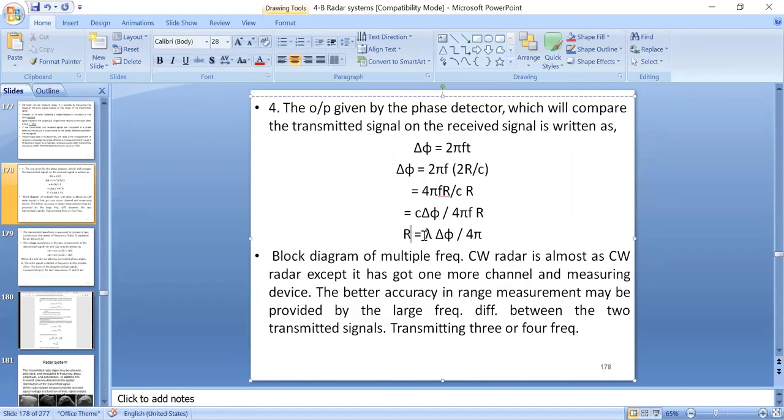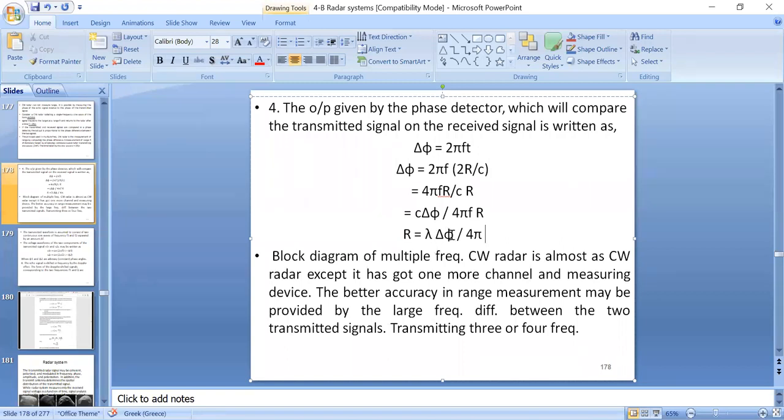What I already told, that by using the phase difference information we are able to calculate the range of the target, is proven here, right? By using r is equal to lambda into del phi by 4 pi. But here we have some limit. If del phi is equal to 2 pi, there is a large ambiguity regarding the target.